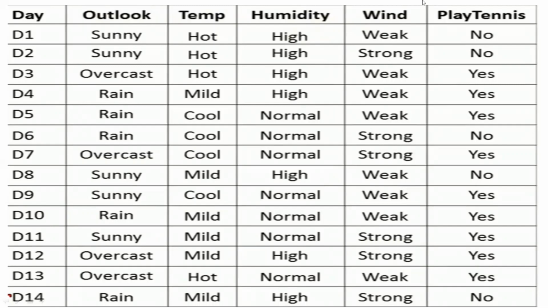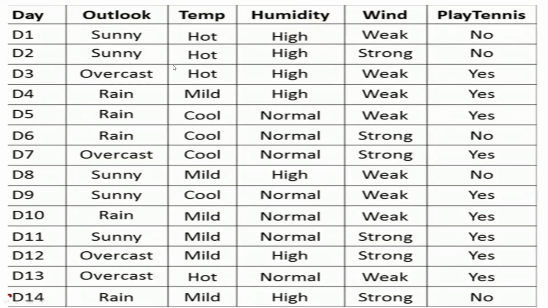Wind has weak and strong as 2 values. For all these 4 attributes, each of the 14 instances represents one class label, play tennis, which means whether, with these weather conditions, a person can play the game or not.